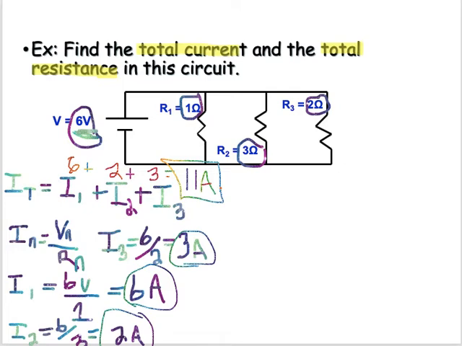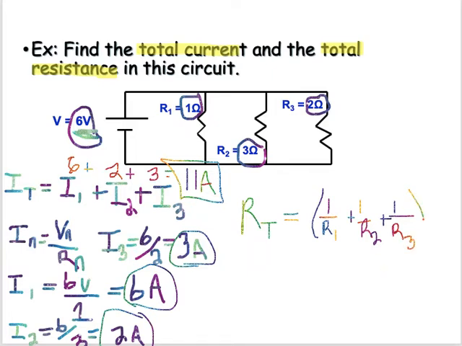Now, let's go back and remember the calculation for total resistance. I may have to grab my calculator here. All right, so total resistance, and I'm going to do that last equation there, is 1 over R1 plus 1 over R2 plus 1 over R3.